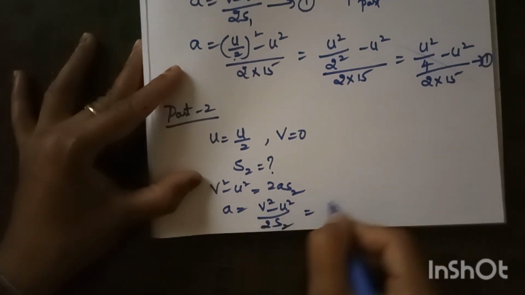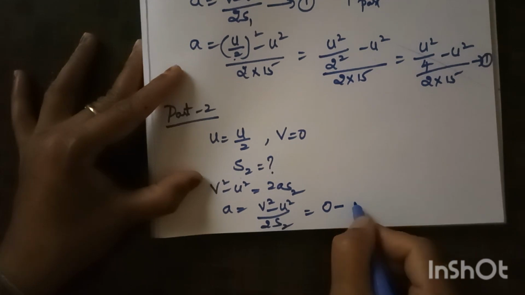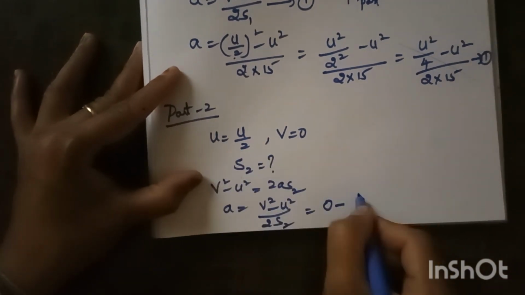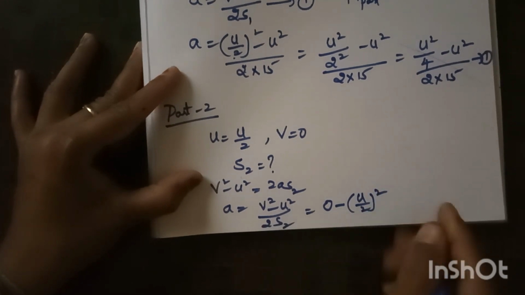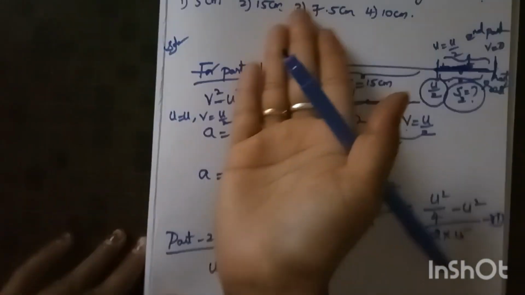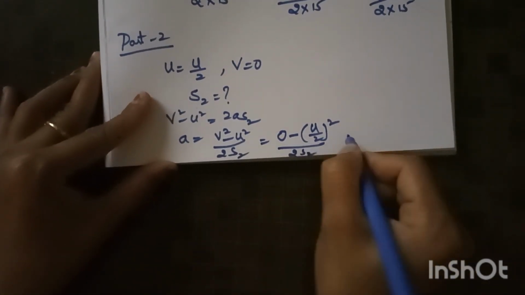What is v value here? 0. Minus u is u by 2 whole square. Everyone will forget this whole square. If you forget it, you will get an answer, but there will be no answer in the options. So by 2s2, what will we get?